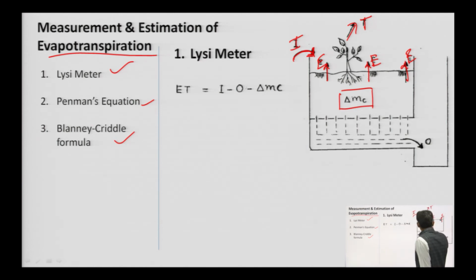And say a certain quantity of water is coming out, say it is O.